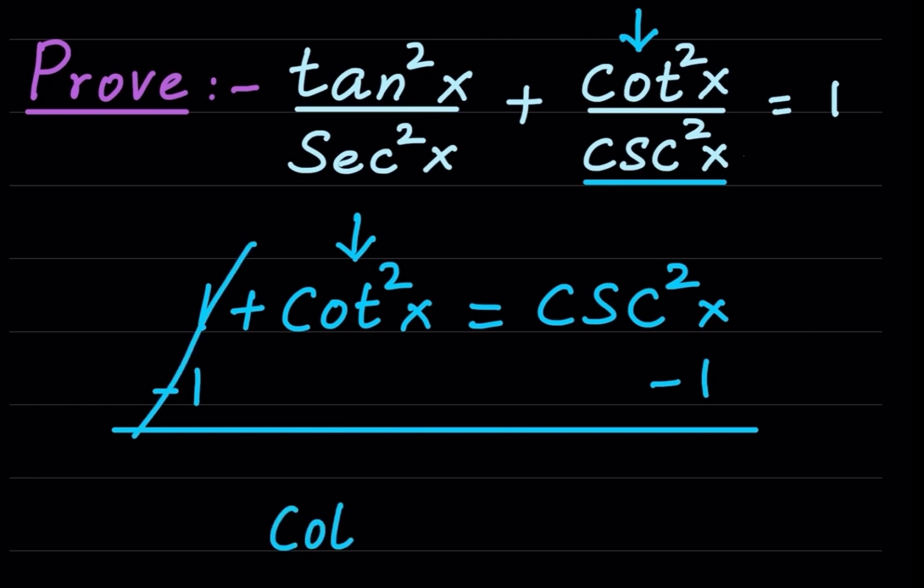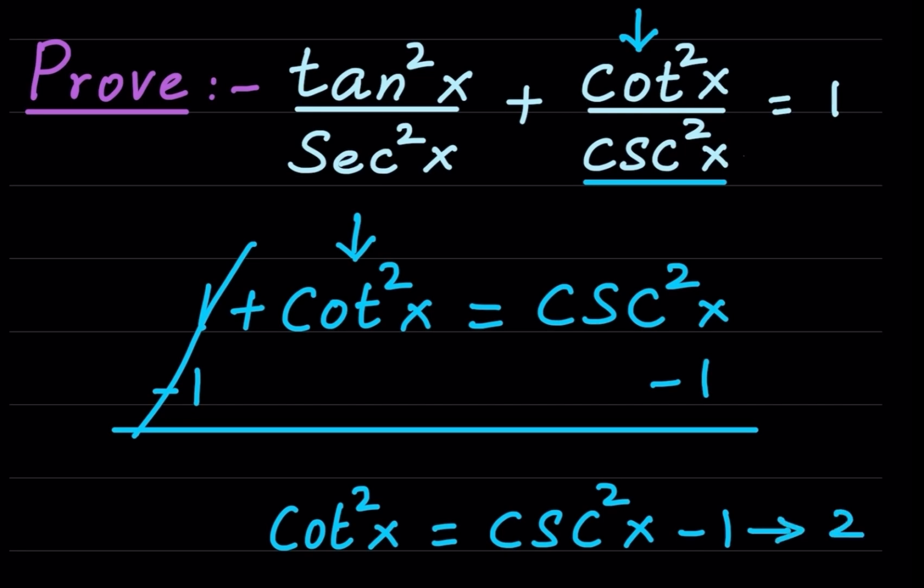So cot square x is equal to cosecant square x minus 1. So let's name this as equation number 2. So instead of cot square x in the numerator, I'm going to write cosecant square x minus 1.